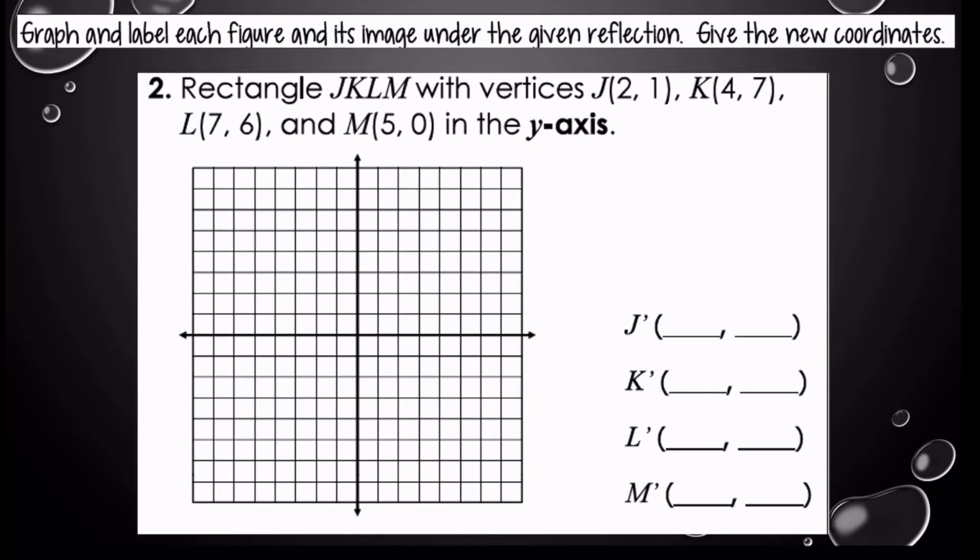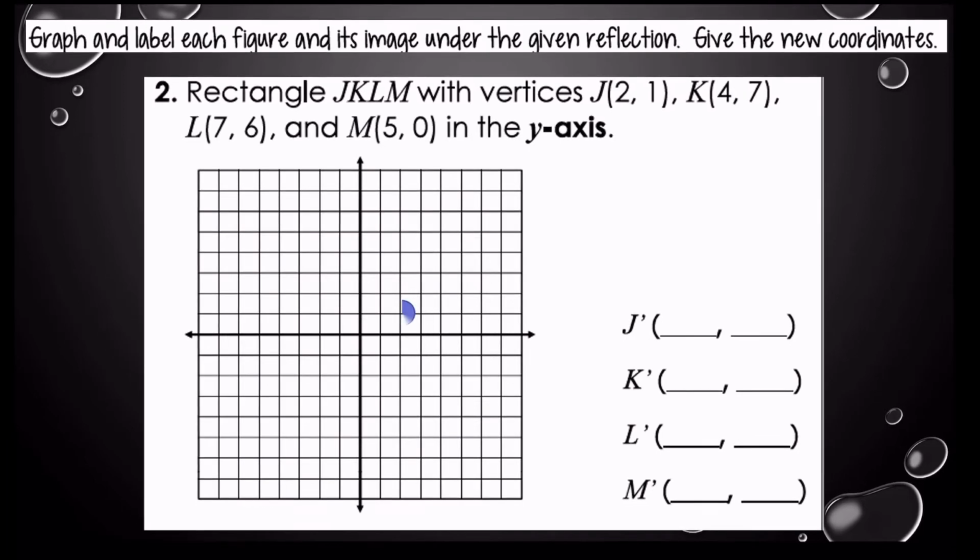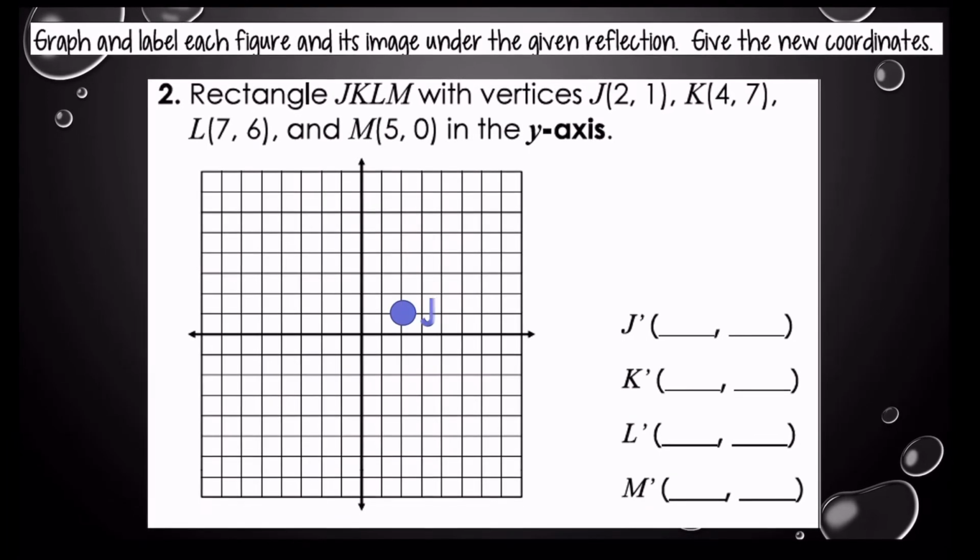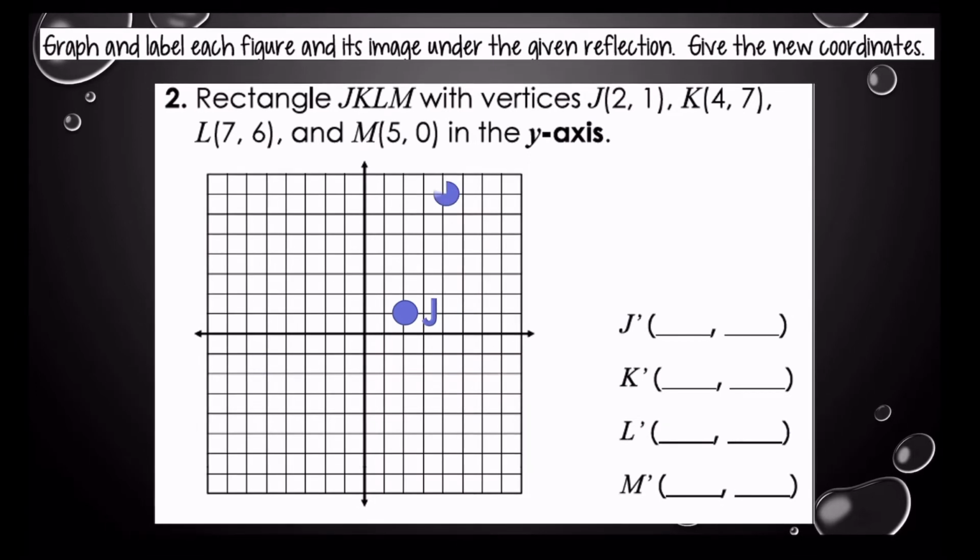So we're going to start with J, just like we kind of did in our last problem. Start with the first point. I'm going to go right 2, up 1. Then I'm going to label it. As you put the point, label it from the problem. Then I'm going to go K. K was right 4, up 7.